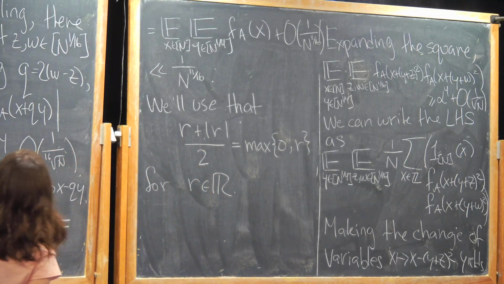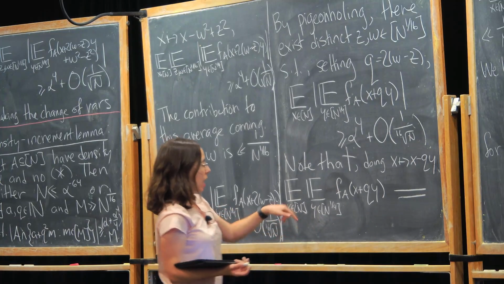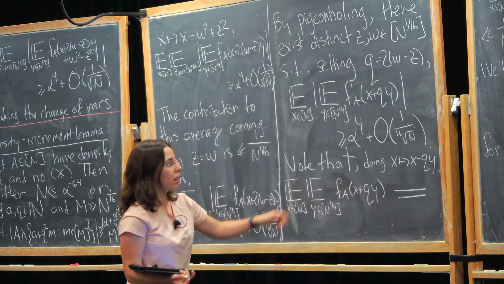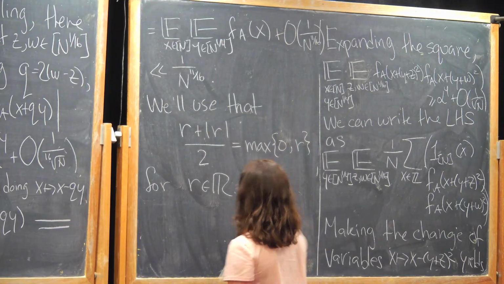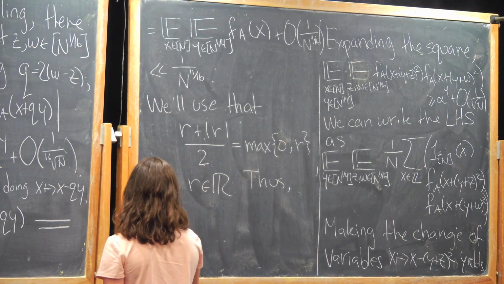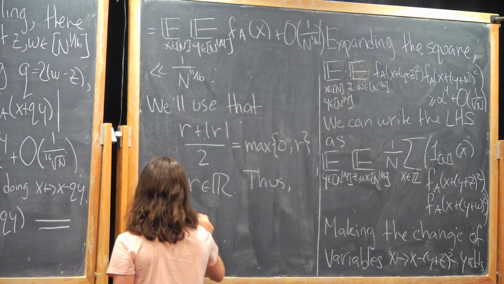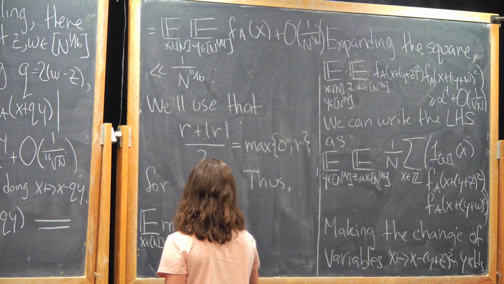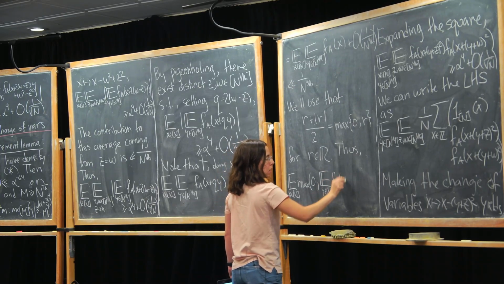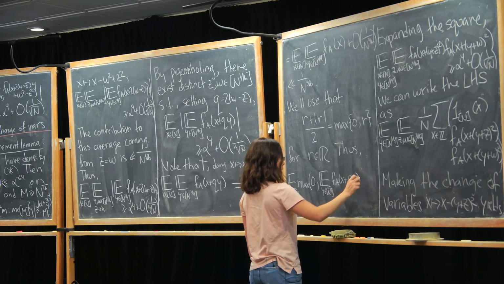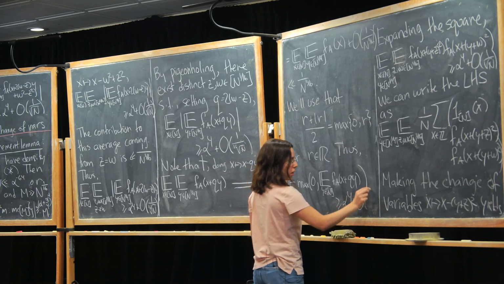So we add this expression and this expression without absolute values, taking this quantity, the average over y, to be r, and dividing by 2, the average over x of the maximum of 0 and the average over y is at least alpha to the 4th, plus our error.